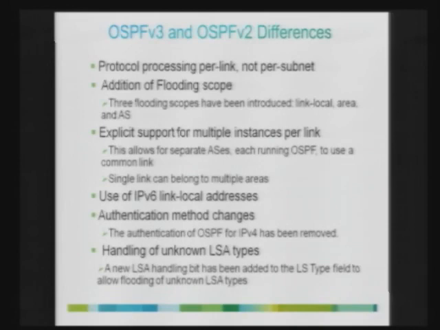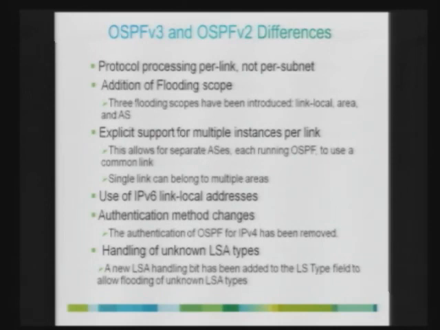And explicit support for multiple instances per link. Because the way OSPF v2 works is, once you add one of the interfaces into the OSPF process, the corresponding area is also assigned and it automatically inherits the instance.